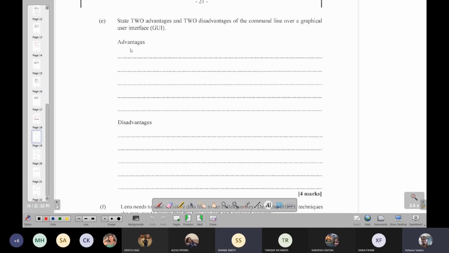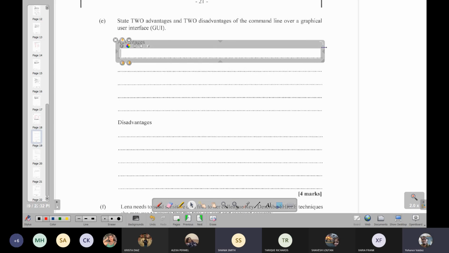State two advantages of the command line. What are some advantages of a GUI? I really don't know. If it was the other way around, asking for graphical over command line, I would have known. That's why I had problems with this question.